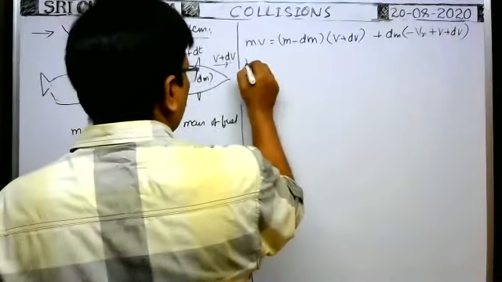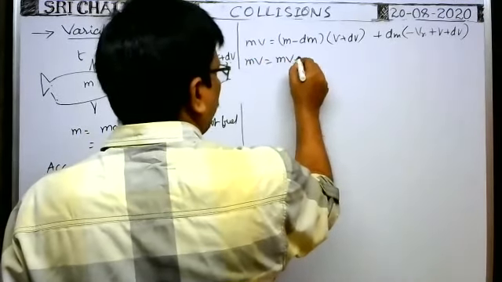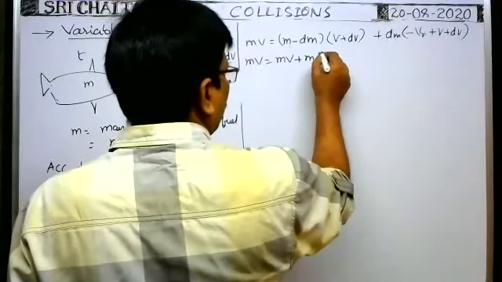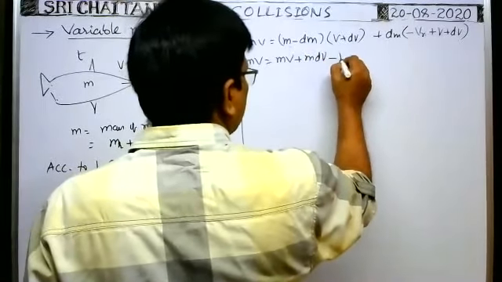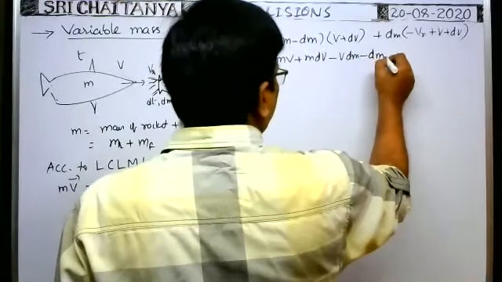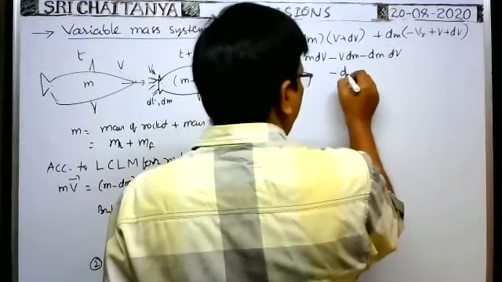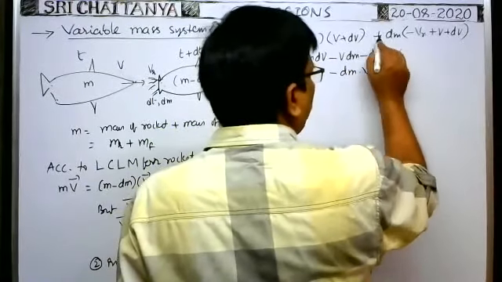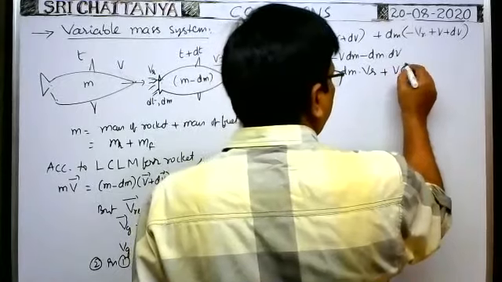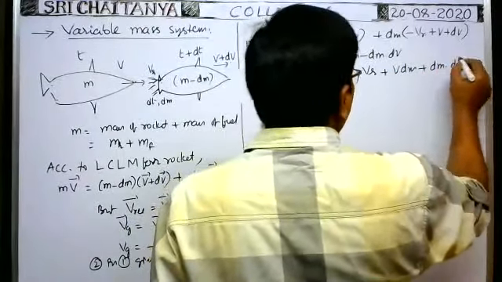Multiply them. MV is equal to M into V plus M into dV minus dm into V, that means minus V into dm, minus dm into dV, plus dm into minus Vr, that means minus dm into Vr, plus V into dm, plus dm into dV.